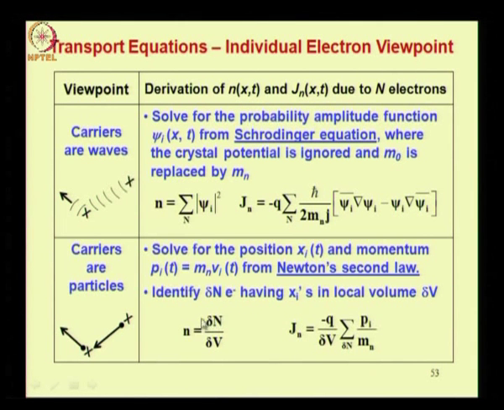For these delta n electrons, find their momenta p_i, and sum up their momenta after dividing by the effective mass, so that you get the velocities, and then you divide by the local volume which incorporates those delta n electrons, and you get this current J_n.